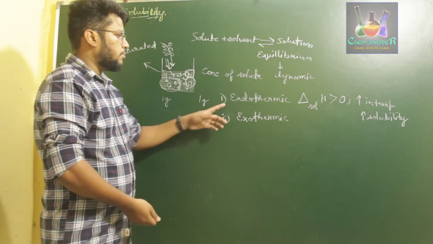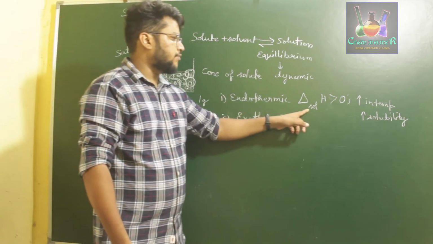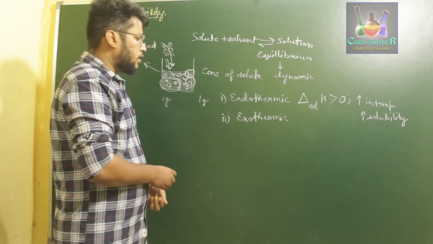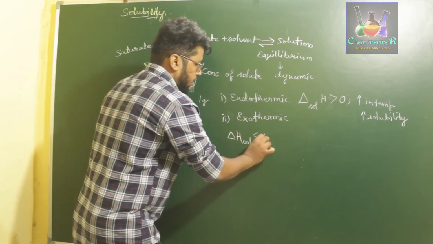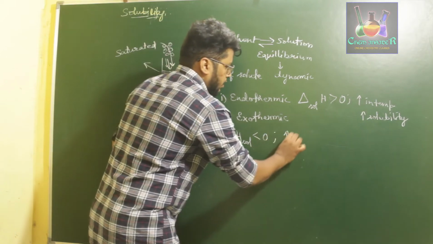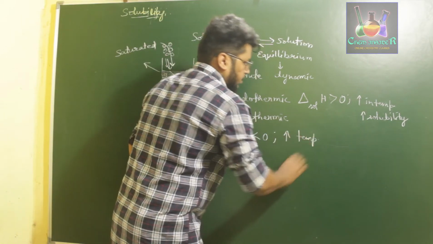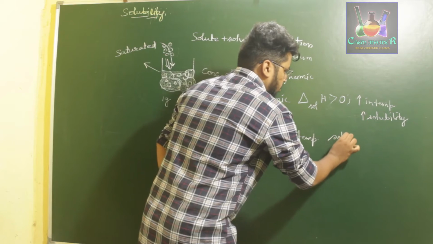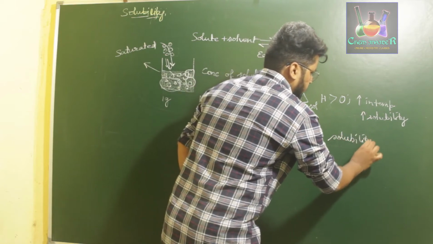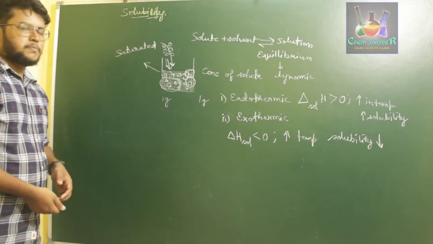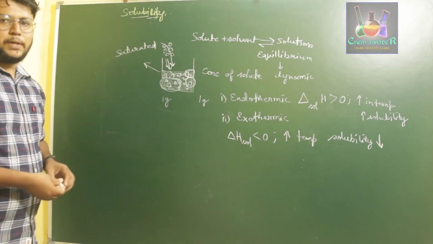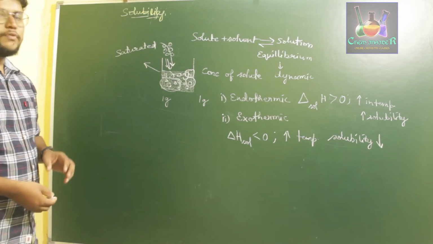And in case of an exothermic reaction, delta H of dissolution is less than 0, and with increasing temperature solubility decreases. So this is what Le-Chatelier's principle says, and this is the effect of temperature on solubility of solid in liquid.